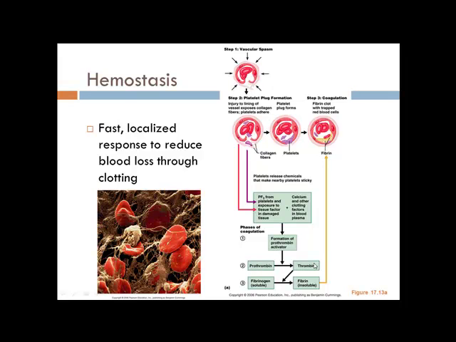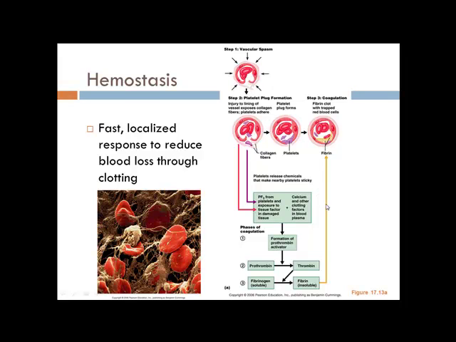Thrombin is going to be used to turn soluble fibrinogen, so this stuff is just dissolved in the blood right now, into insoluble fibrin. So this stuff goes from being dissolved into a mesh type network. Once this stuff comes out of solution, it forms a fibrin clot and it'll close up the bleeding, so you stop bleeding.